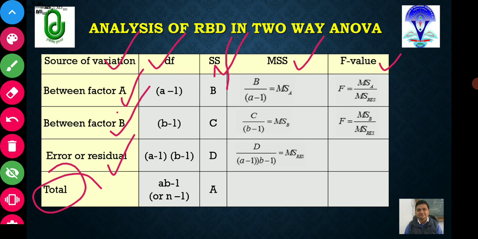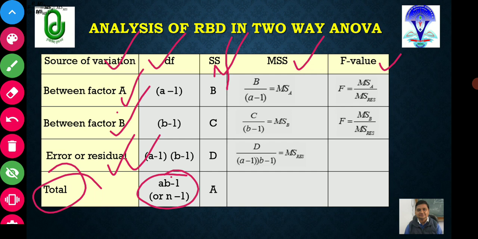The degree of freedom for factor A is A minus 1, and for factor B it is B minus 1. For error it is A minus 1 into B minus 1. And the total is N minus 1, or A into B minus 1.